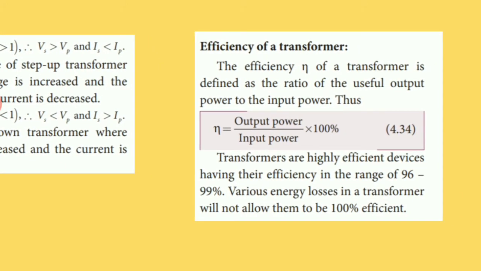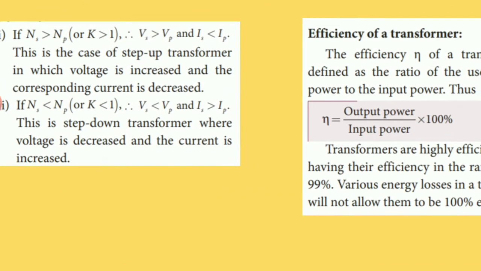Next, efficiency of transformer. Lambda is equal to output power by input power into 100%. Lambda is the efficiency of the transformer and is defined as the ratio of the useful output power to the input power.